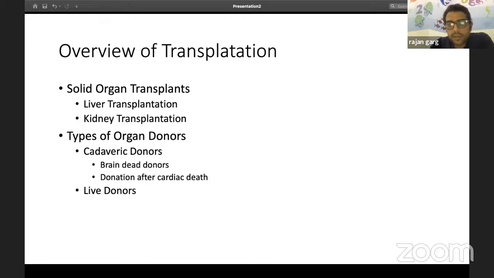Then there are people who do not have a compatible donor, so they can do an incompatible organ transplant also, where we decrease the antibody titers from the recipient, and then we can do the transplant. That is also possible, though the complication rate is around 5% more, and this is still possible for some specific group of patients.